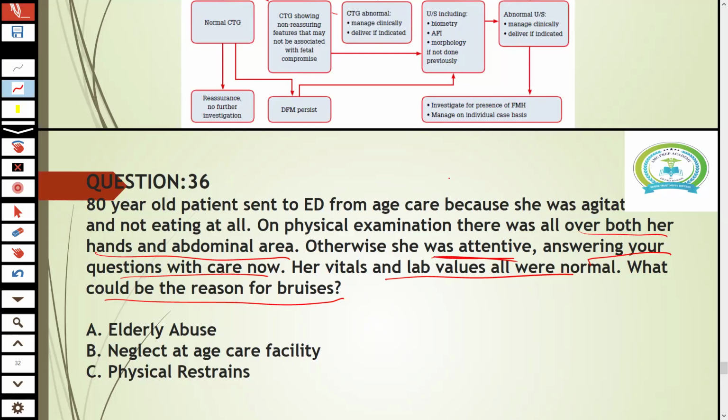Yes, this is one of the most important differentials. Okay, see, she was agitated, not eating at all. On physical examination, there were bruises all over, both her hands and abdominal area, exposed areas. Okay, these are exposed areas. Anyone can see them easily.